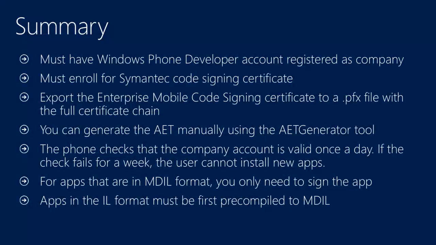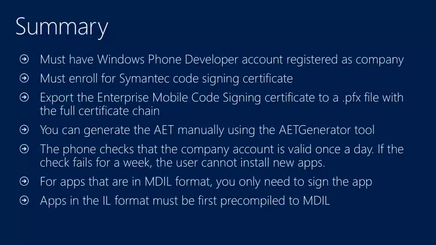So, things to remember when you're going through the process. When you go to the Dev Center at windowsphone.com, click on Developers. When you go through that publish process and registering your account, make sure you register as a company. Symantec will require that you get a company ID.